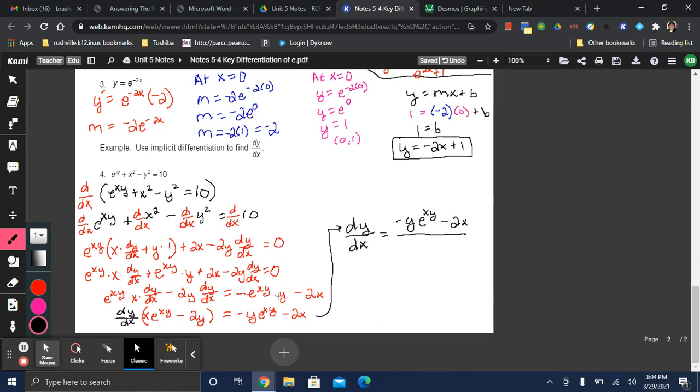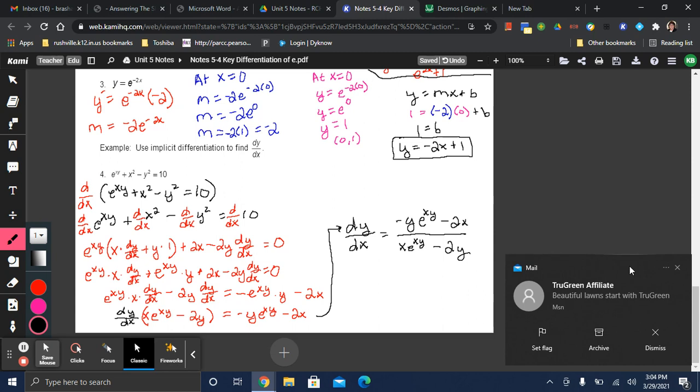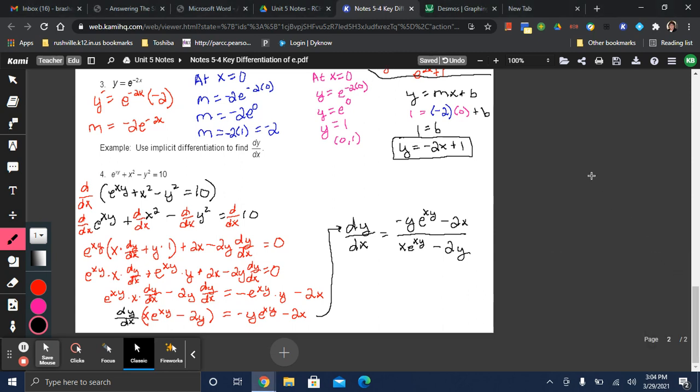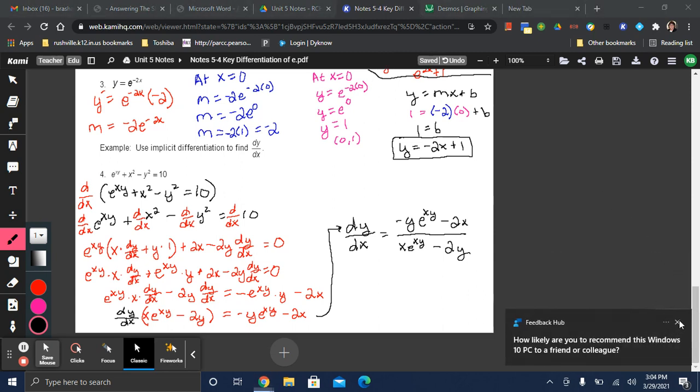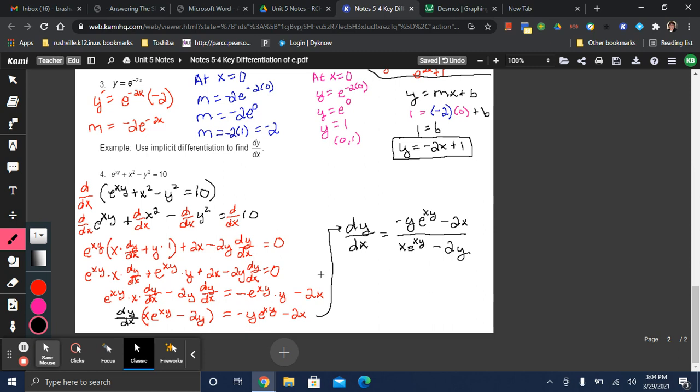And then in the denominator, I'll have the parentheses of x e to the xy minus 2y. So you'll need to be sure that you write very neatly and keep track of where your dy dx terms are as you do this.